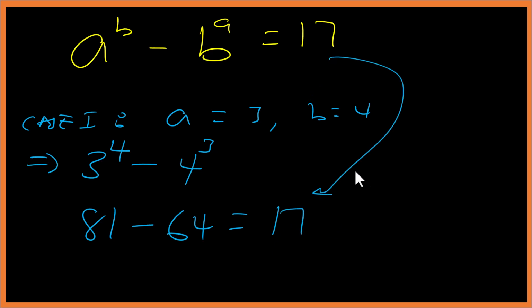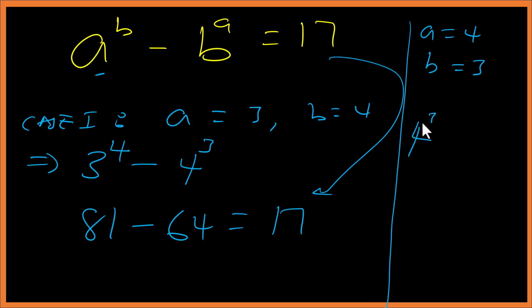Now let's go to case 2. Remember, a is now 4 and b is now 3. So a is 4 to the power 3 minus b, 3 to the power 4.